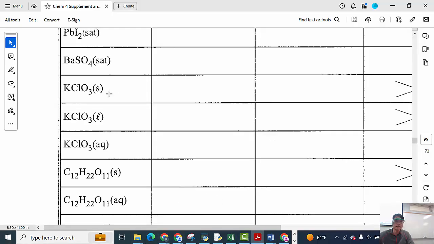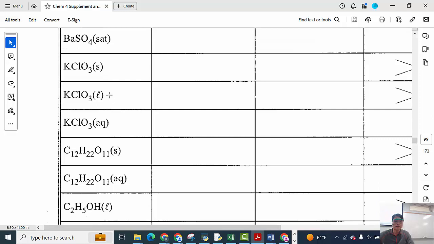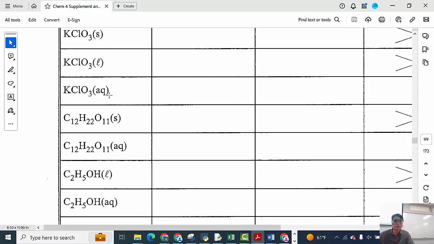All right, what's next? Solid sugar. This is table sugar or sucrose, C12H22O11.